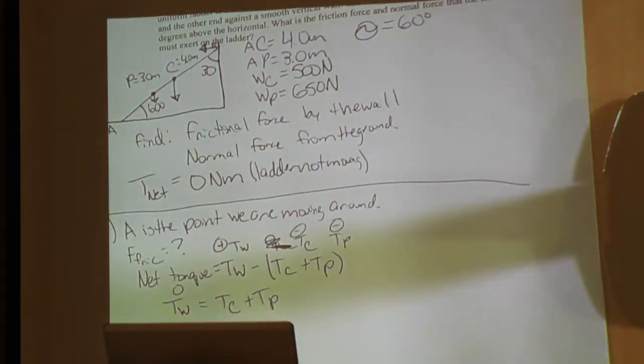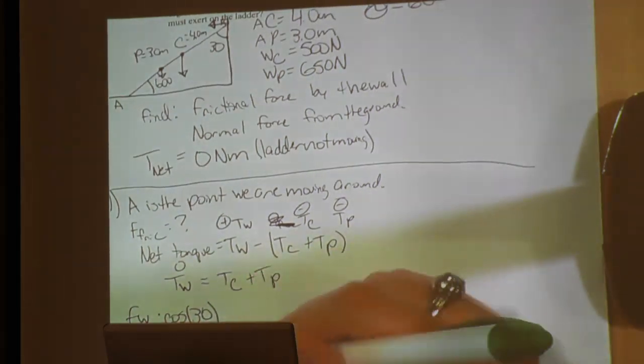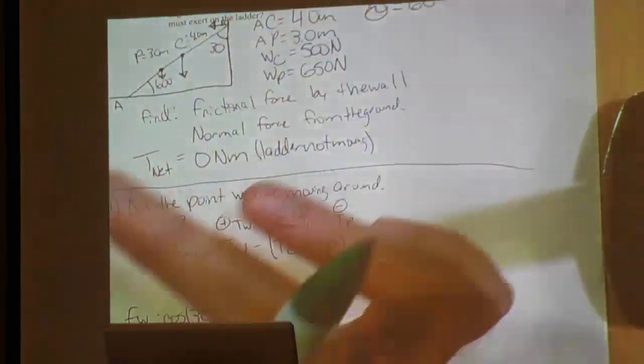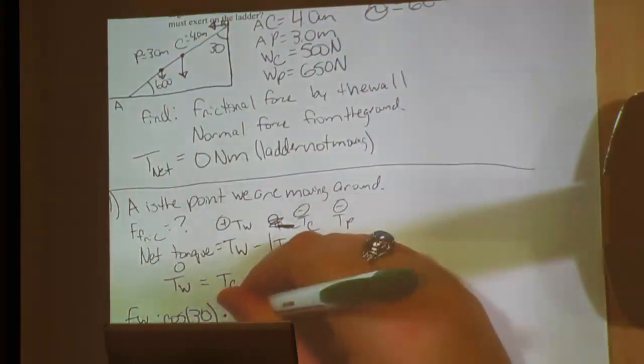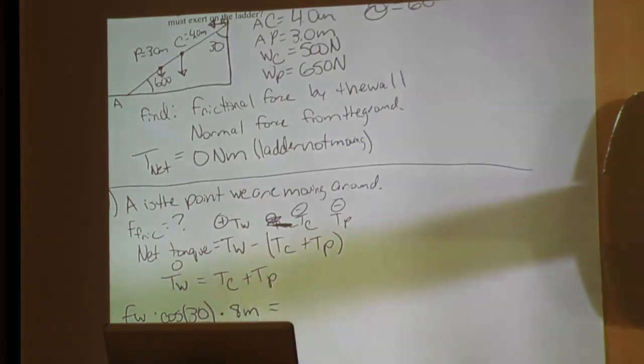You can also write it as sine 60. It'll be the same number, but in this case I'm just going to use cosine the entire time, so cosine 30. Then times our radius. The radius here would be the entire length of the ladder, which is the 8 meters. And that's going to be equal to the torque by the ladder, which is what?